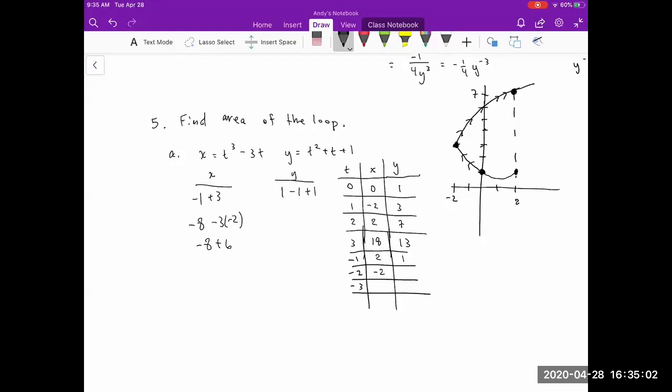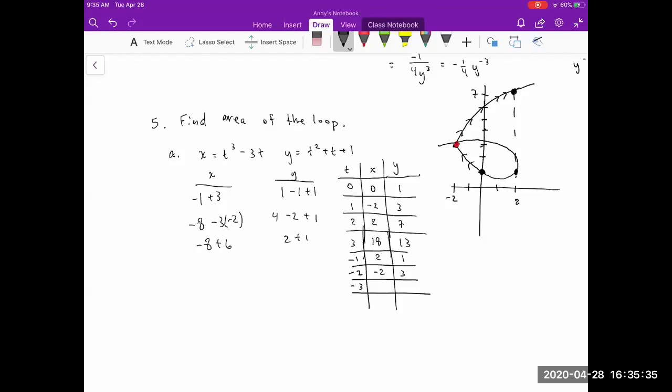For the y value, when you plug in -2, you get -2 squared is +4, -2 plus 1. So that's 2 plus 1, that's 3. So we get -2, 3, which is back to this point here. See that? So it actually loops around like this, it looks like.